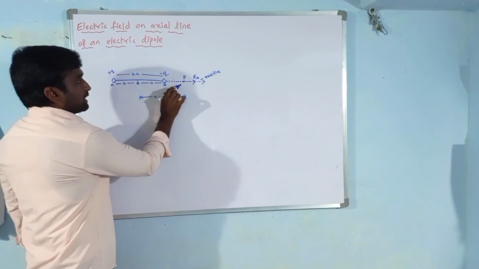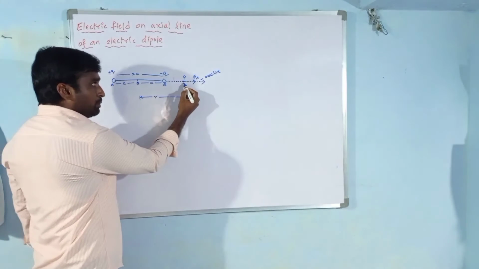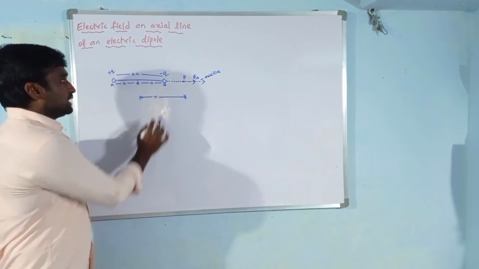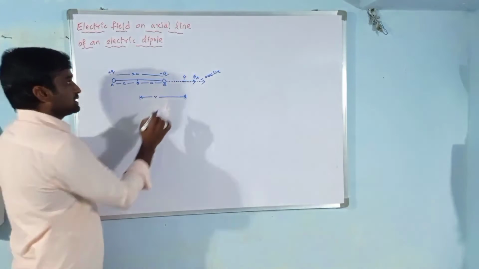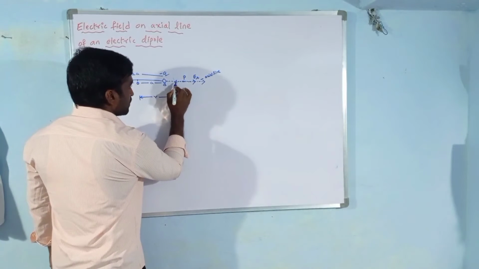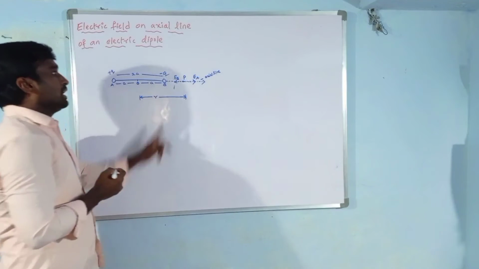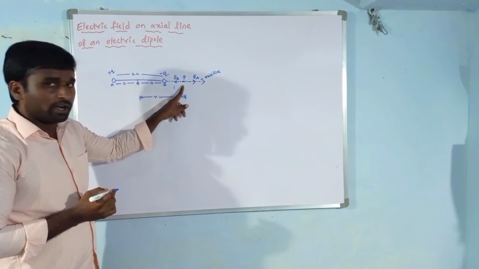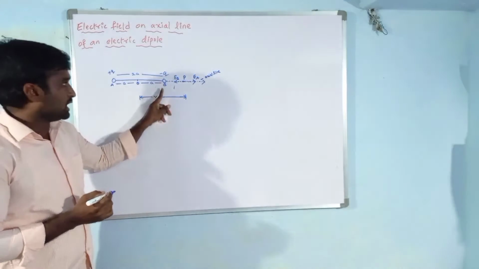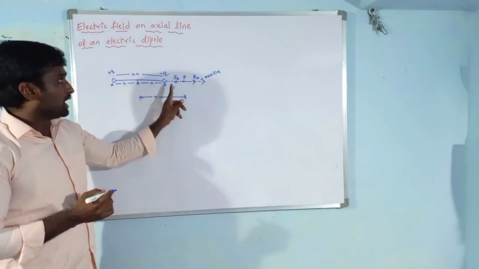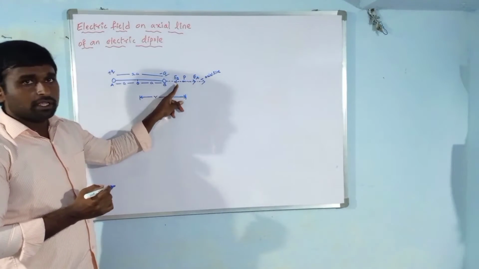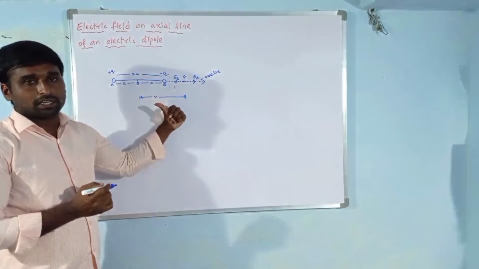Next, the electric field intensity at point P due to the negative charge at point B is EB. What is the direction of EB? That is towards the negative charge.